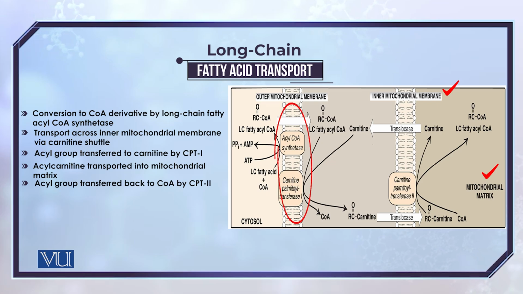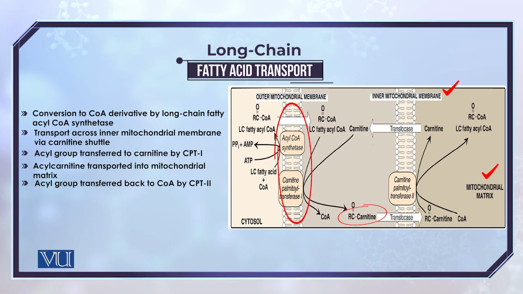So then there is another molecule known as carnitine. The fatty acid part of the fatty acyl CoA is combined with carnitine to make a carnitine fatty acid conjugated molecule, while the CoA is released.